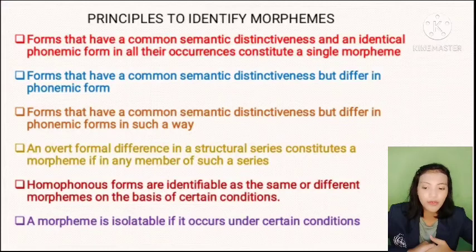Fourth, an over-all formal difference in a structure series constitutes a morpheme if it is present in any member of such a series. Fifth, homophonous forms are identifiable as the same or different morphemes on the basis of certain conditions. Sixth, a morpheme is isolatable if it occurs under certain conditions.